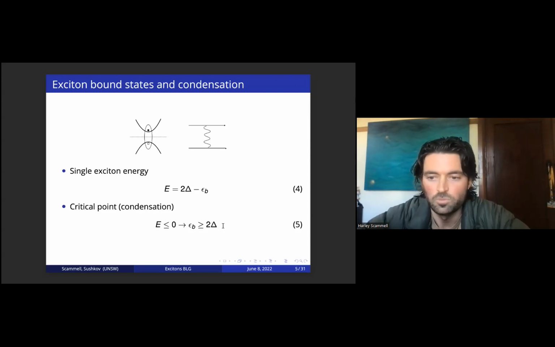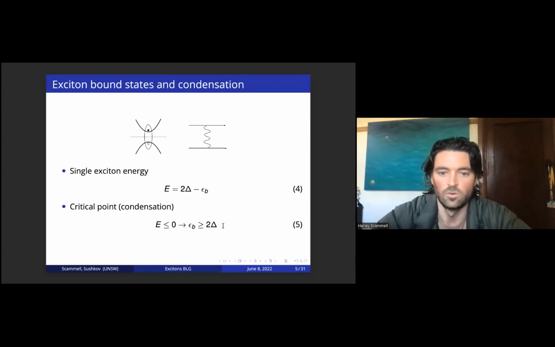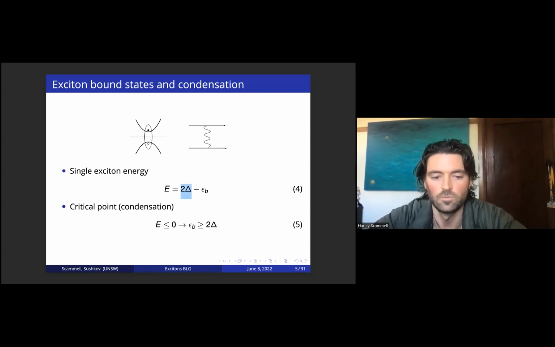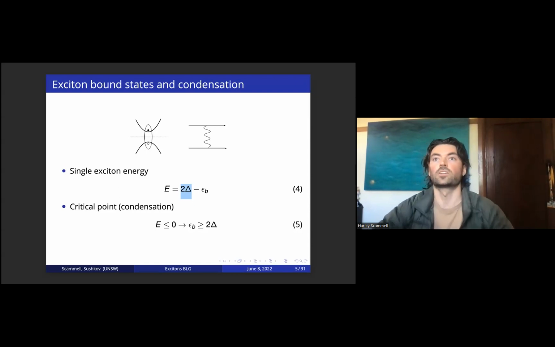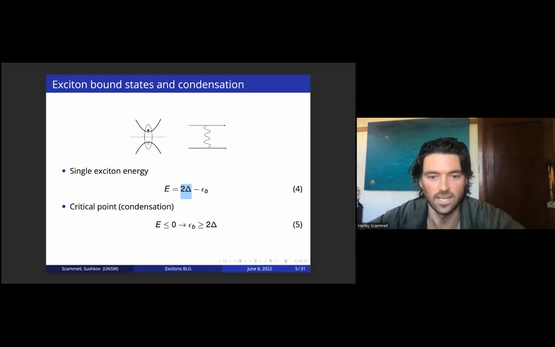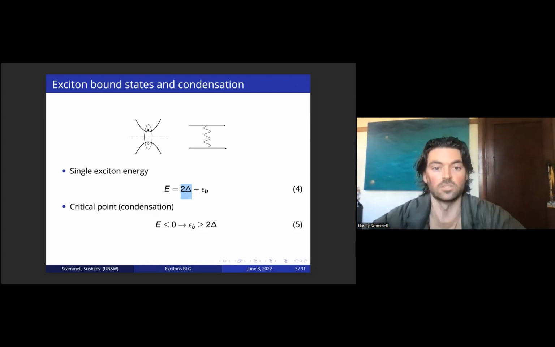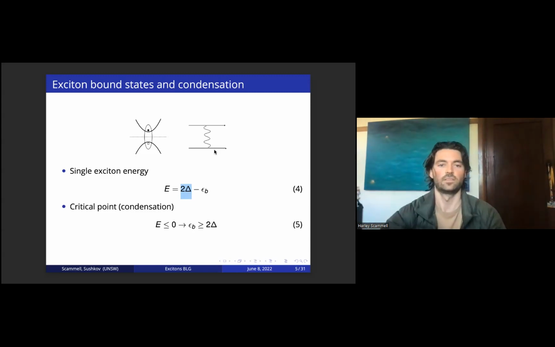Just to pause here for a second, because you might be wondering, well, Coulomb is Coulomb. It's always attractive between a positive and negative charge. Why don't you just set 2 delta equal to 0? Because then you would have condensation. And this is the logic that a lot of people use. I'm not putting any doubts on that logic. This is essentially BCS theory as well, because you're starting from a semi-metal. Here, 2 delta equals 0 is the semi-metallic state.